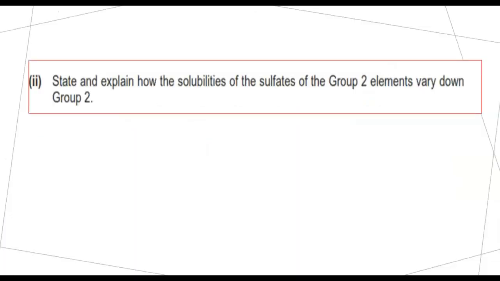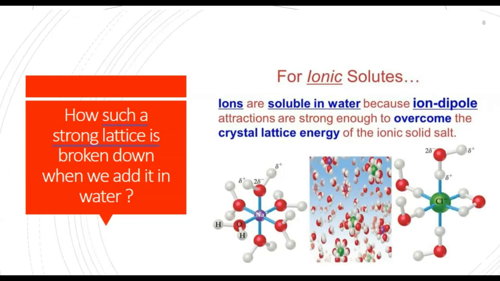Now the second part: state and explain how the solubility of sulfates of group 2 elements varies down the group. Before explaining, I would like to remind you that solubility depends on two things: lattice energy and hydration energy.